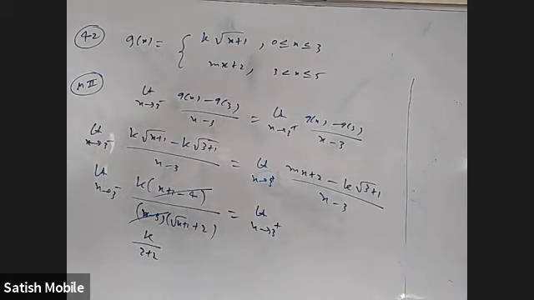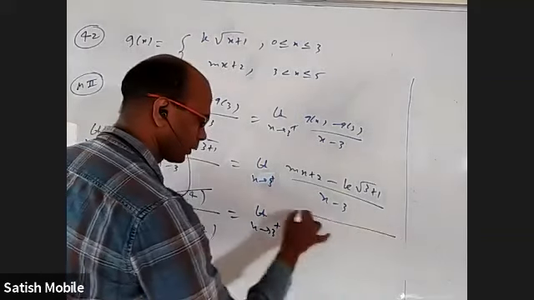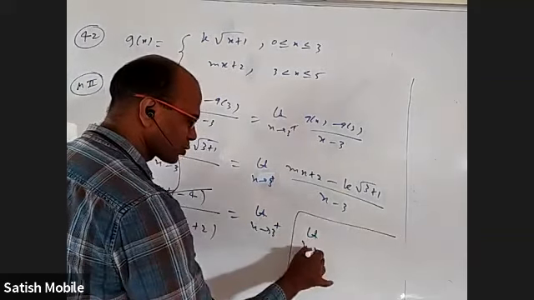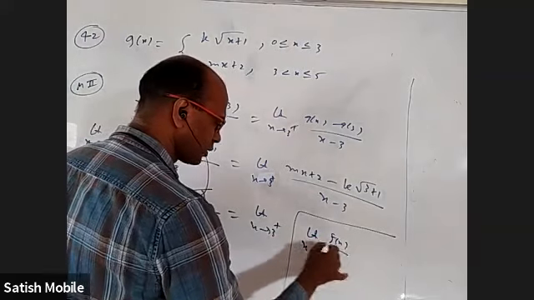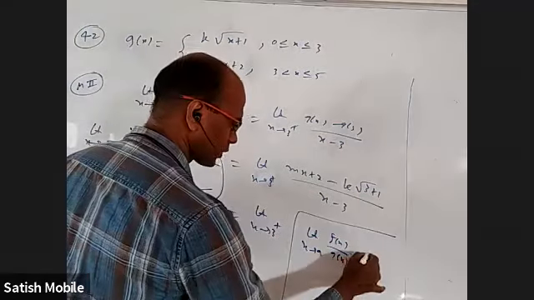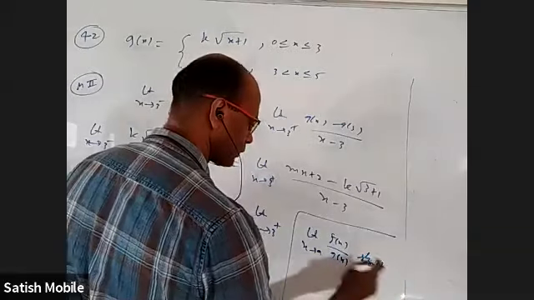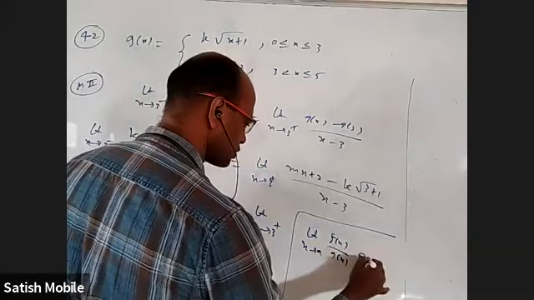Now, please listen carefully. I need some place to write. Okay, let me write here. Limit x tends to a f of x by g of x should exist. Okay, exists, already given, exists.